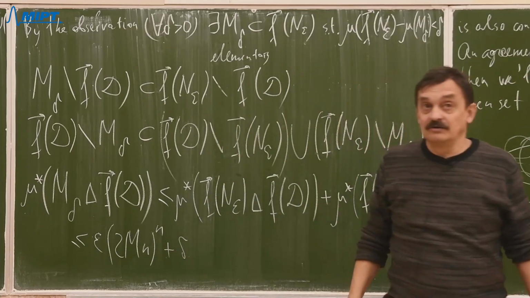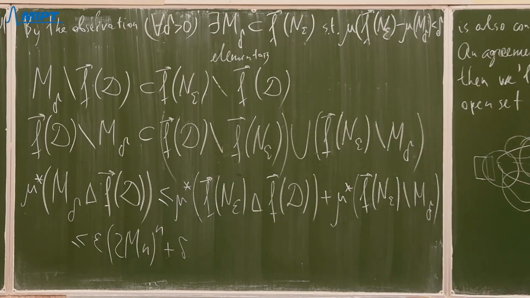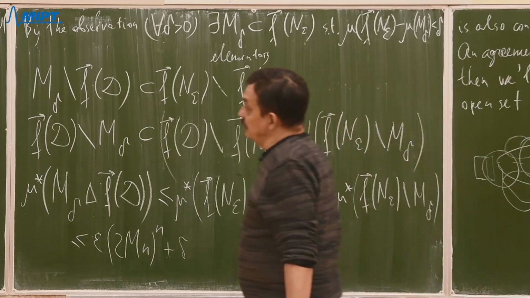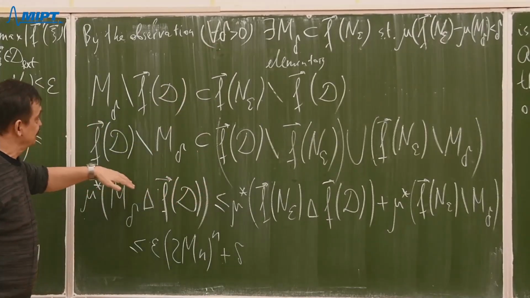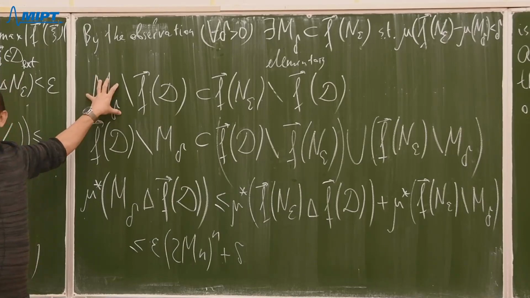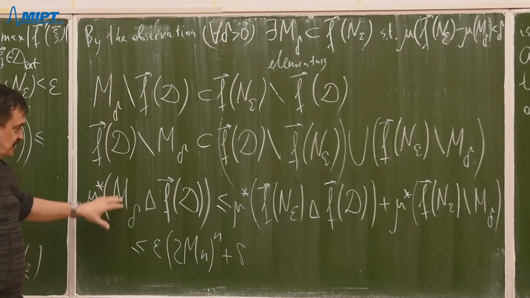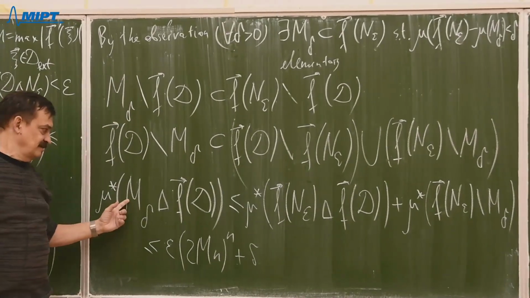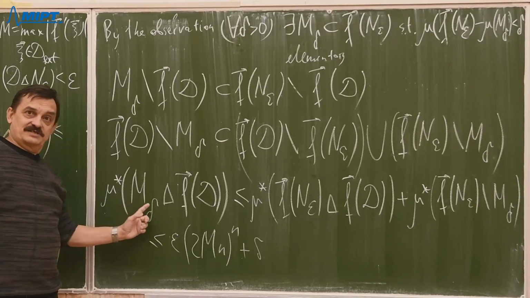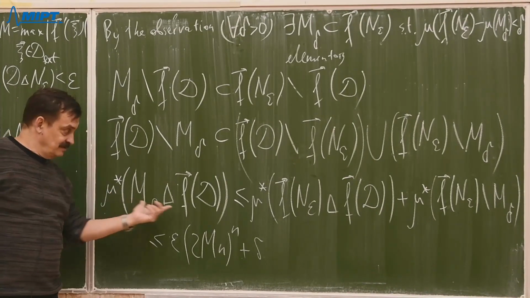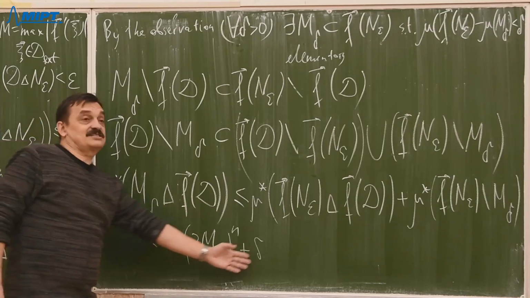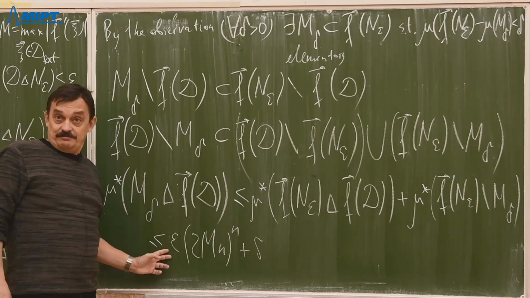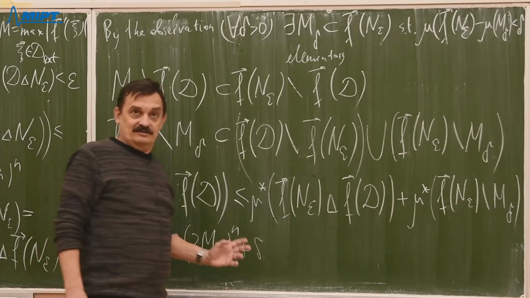So you see now what we obtain. For arbitrary epsilon and for arbitrary delta, we can find an elementary set M delta such that the outer measure of the symmetric difference between this elementary set M delta and our set f of D is as small as we want, right? Because epsilon is arbitrarily small and delta is arbitrarily small.